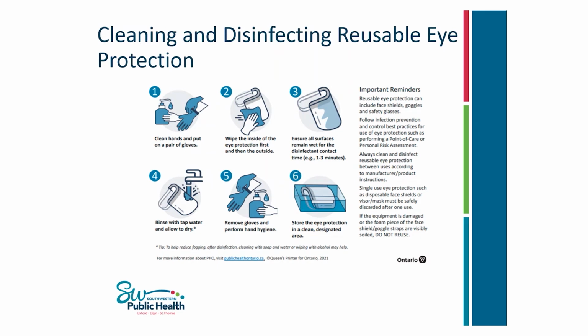And in most cases, safety glasses don't meet the mark. So take that with a grain of salt, but just ensure that there's a policy on how to clean and disinfect if they are reusable, and that staff know how to protect themselves after they've cleaned it with good hand hygiene as well.